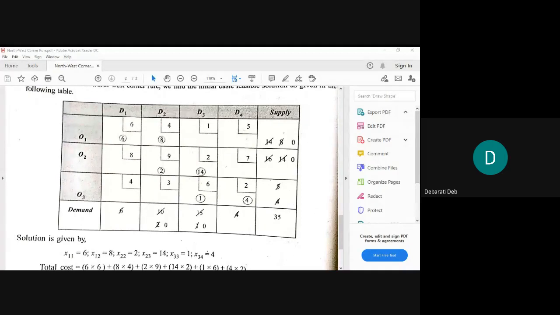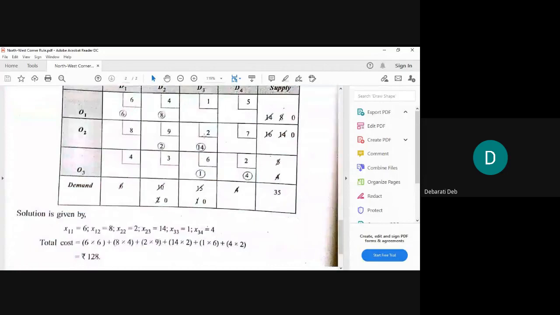One 128, Ramkrishna. Yes, 128 is the answer. Okay, very good.